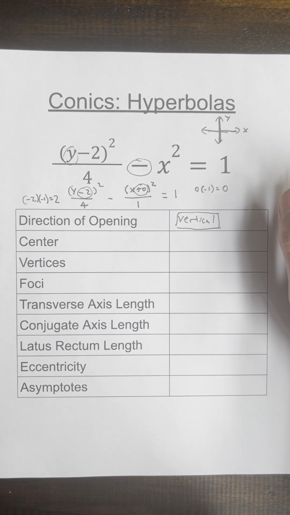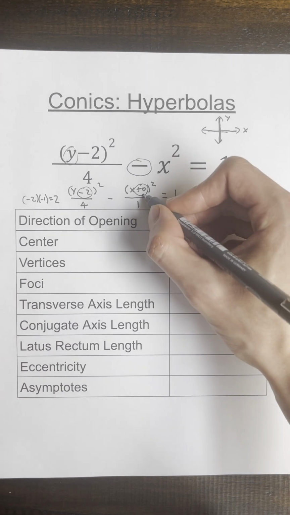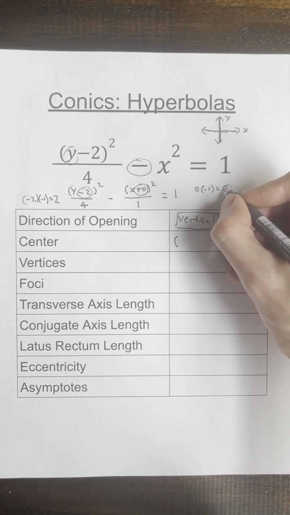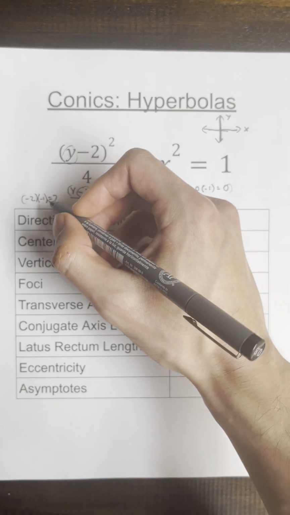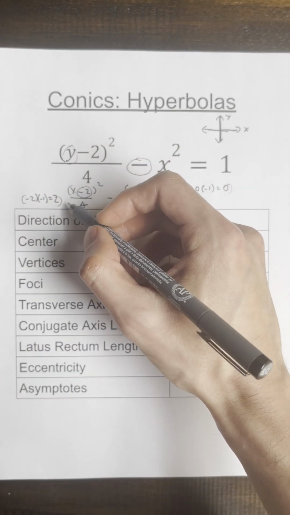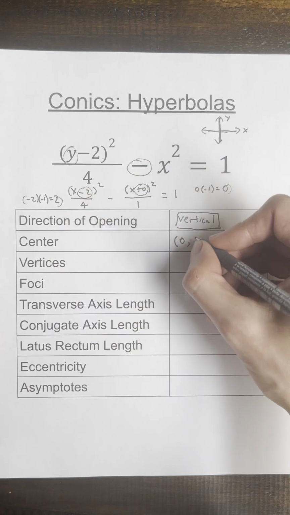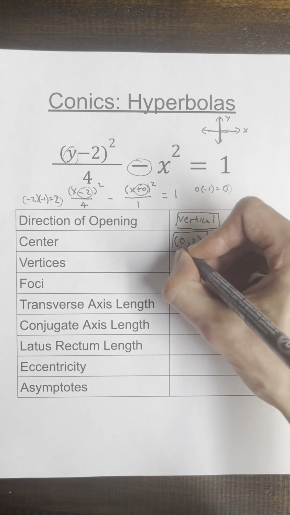We need to be careful here. Since the 0 is with x, I'm going to use 0 as my x coordinate, and I'm going to use 2 as my y coordinate because it came from the same fraction as y. This is your answer.